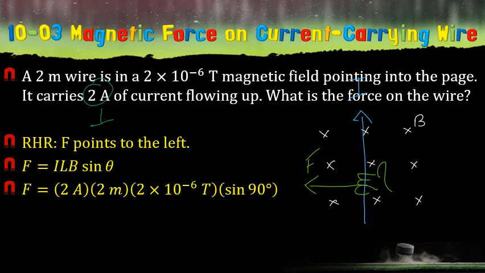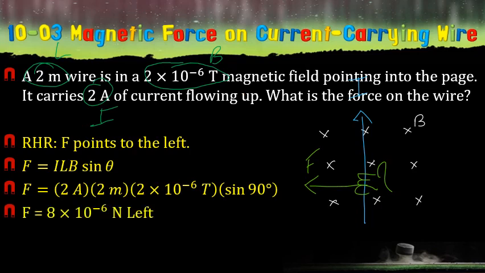Here's our I. L is 2 meters. There's the L. And the B is right there. That's our magnetic field. And then we need our angle. Well, into the page and straight up is 90 degrees. So our angle is 90 degrees. Sine of 90 is 1. If you multiply all that together, you get 8 × 10⁻⁶ newtons towards the left.